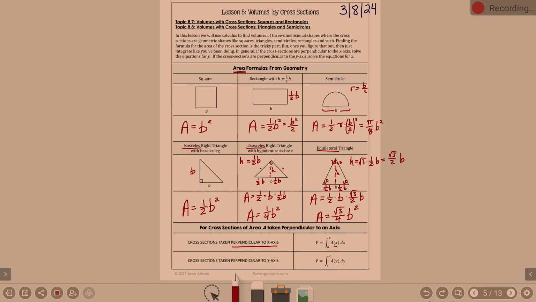So they're going to be y equals equations, solved in terms of x. If the cross sections are perpendicular to the y-axis, that's more like when we were doing right minus left, then you're going to be working in terms of y. So similar to what we've talked about previously.